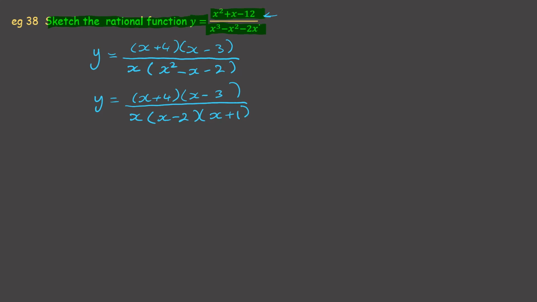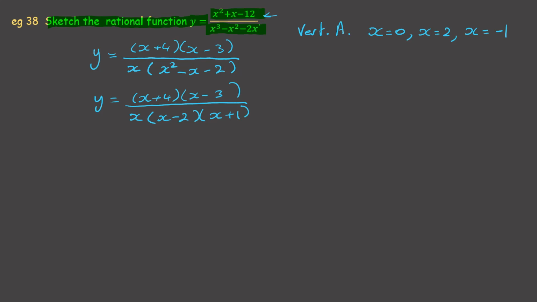Okay, so from the bottom we can see that we've got vertical asymptotes at x equals 0, the y-axis, x equals 2, and x equals negative 1.